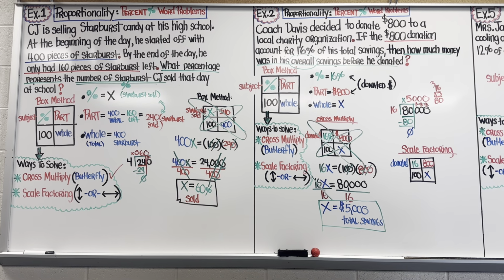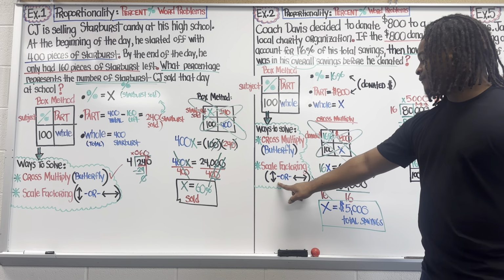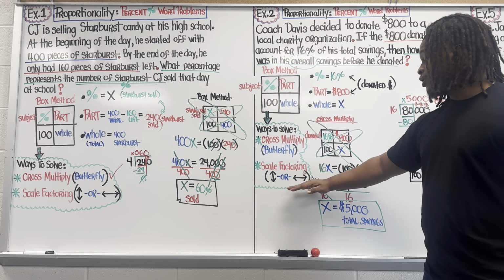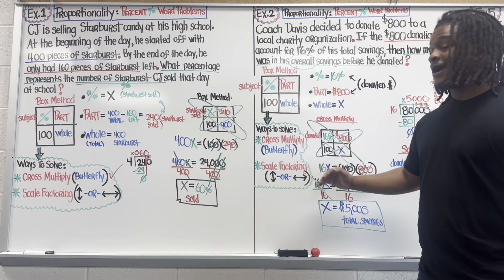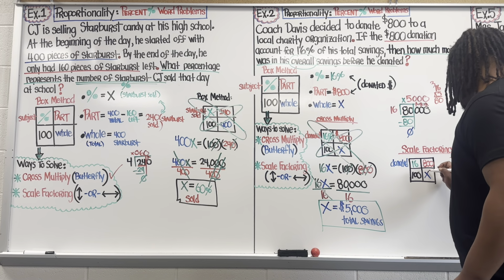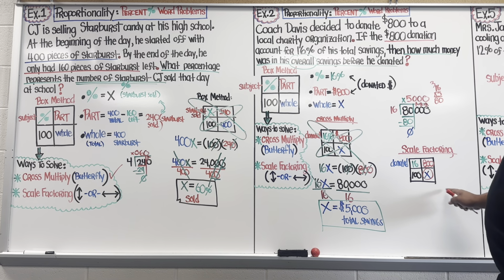Okay, cool. Now, guys, when you do scale factoring, you can either scale factor vertically up and down, depending on the position of X, or you can go horizontally from left to right or right to left, however you want to do it, right? So I'm looking at X, guys. X is in the bottom right box, right?